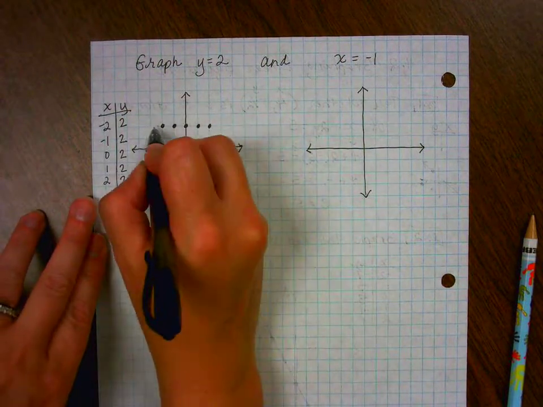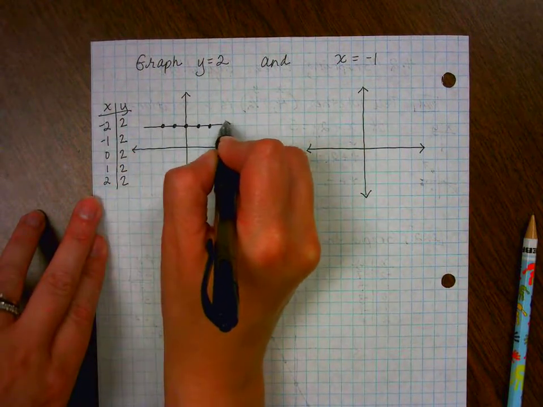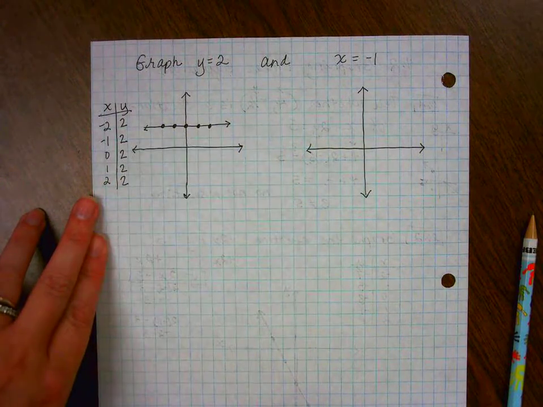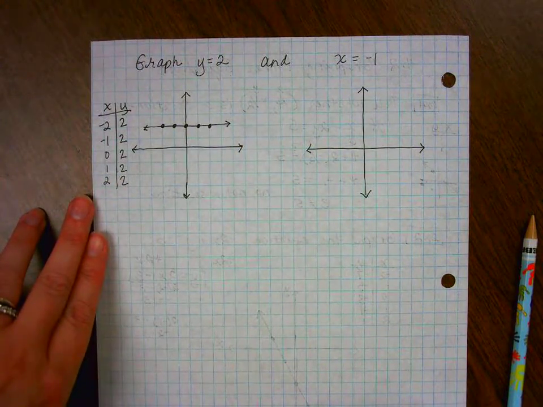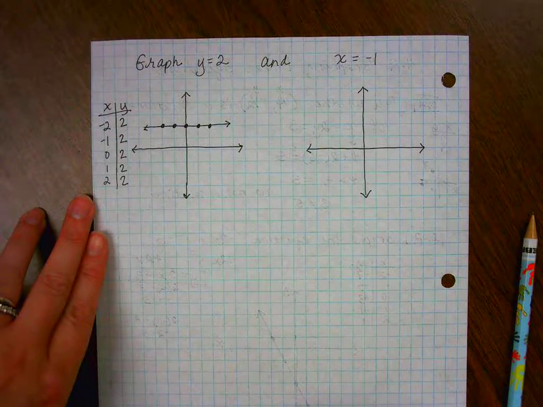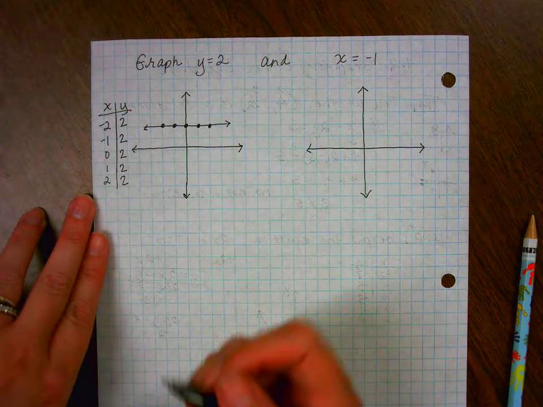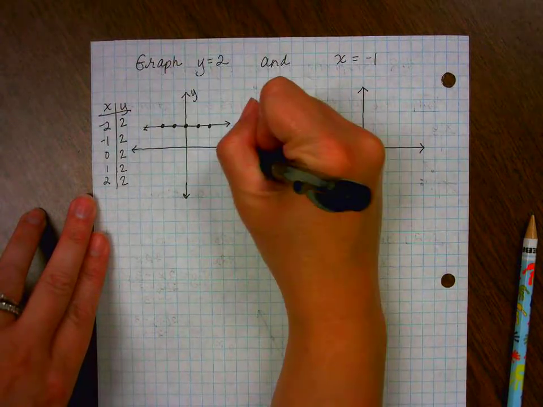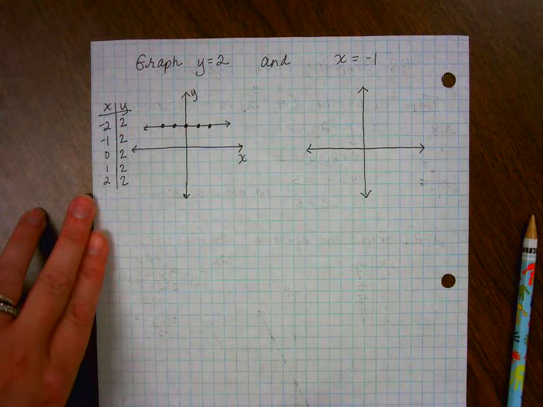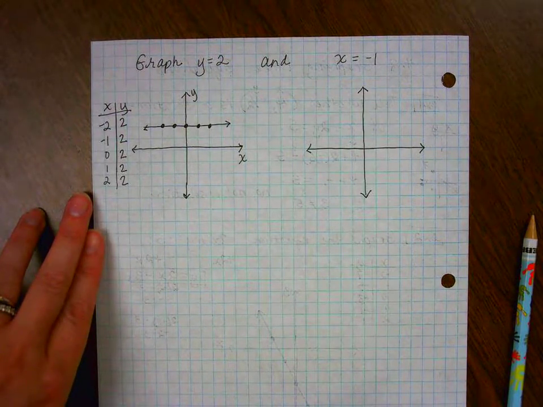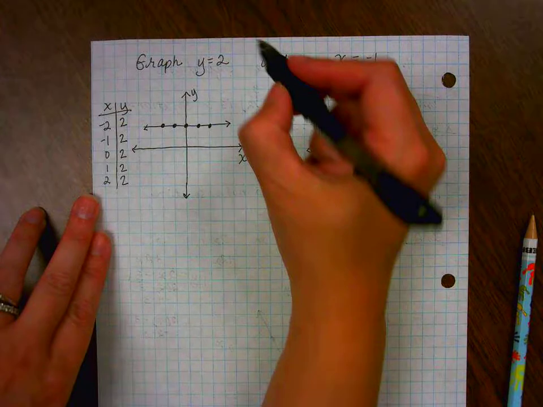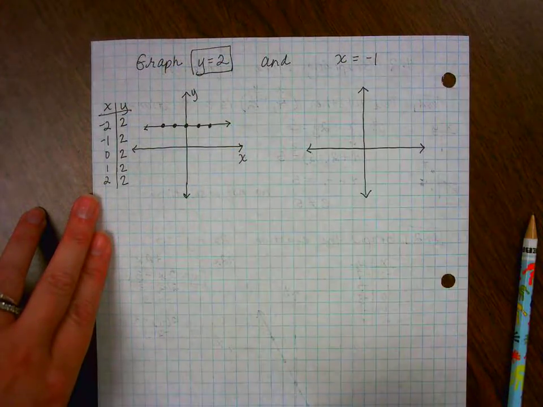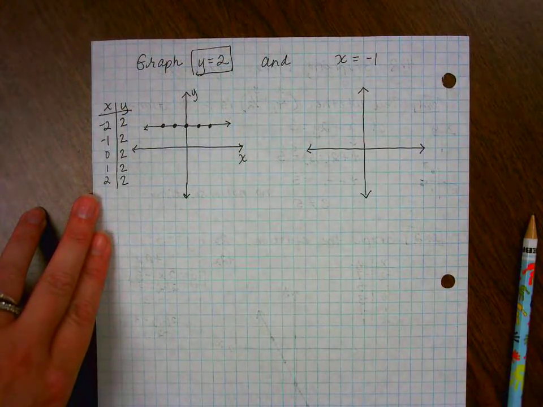Okay, we have not looked at any horizontal lines yet. What axis does this horizontal line cross? It crosses the y-axis. And where does it cross the y-axis? 2. So do you see why that is the equation? y equals 2. It is crossing the y-axis at 2. All of the y's are 2.